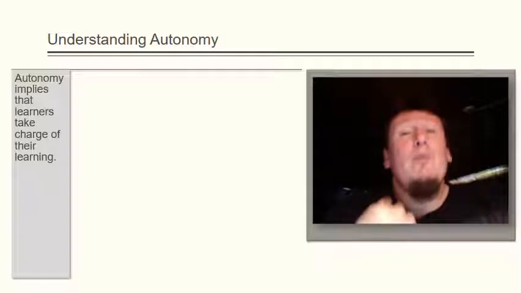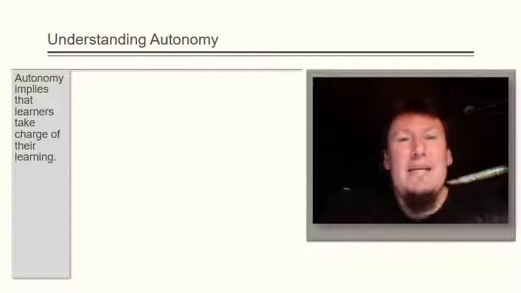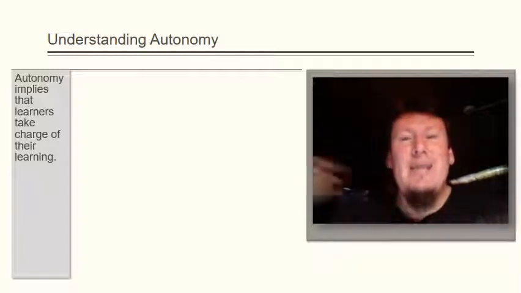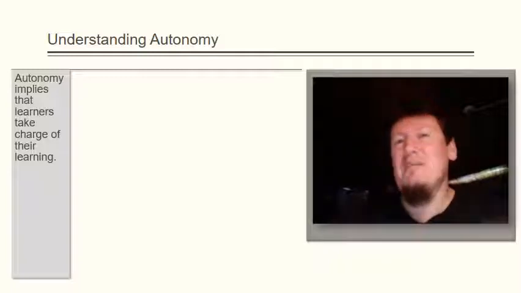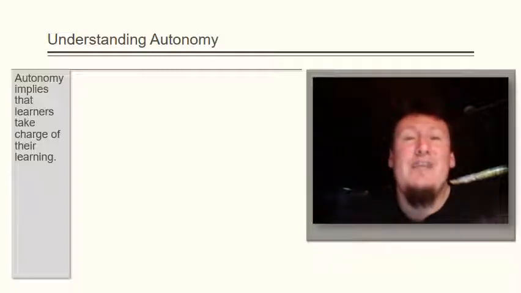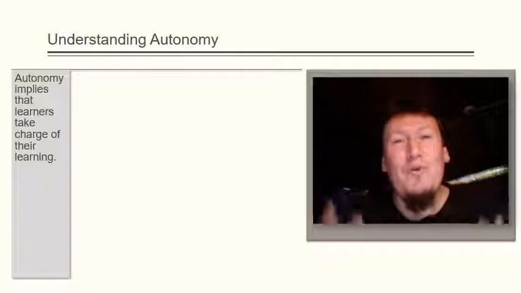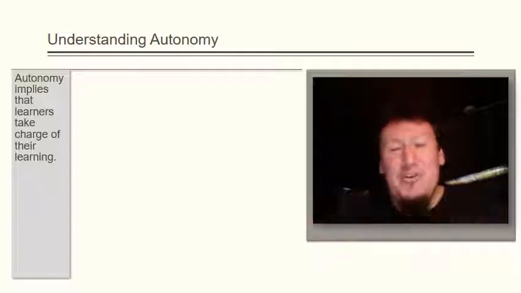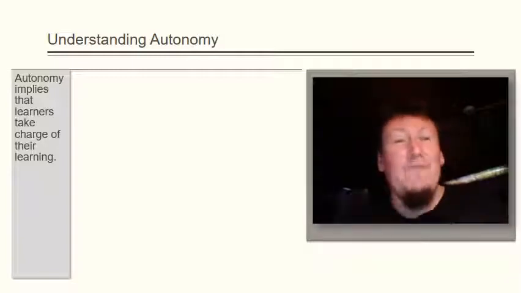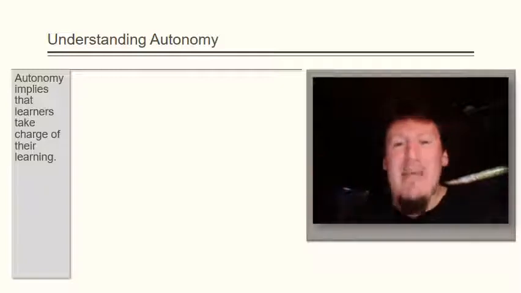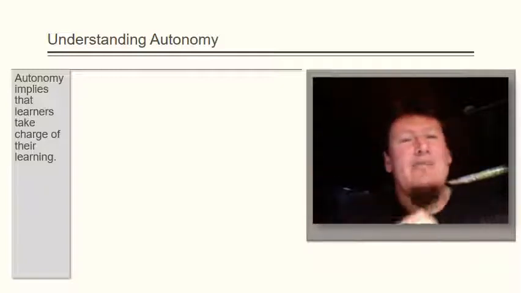But what we do not want is to delegate the complete responsibility and just say, well, you're autonomous, so I'm done with that. Goodbye. No, it actually means you have to work closely, the teacher with the student, in order for this take charge to happen. But let's get into the subpoints here.